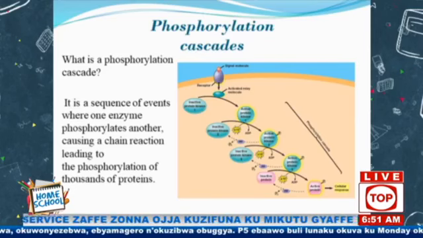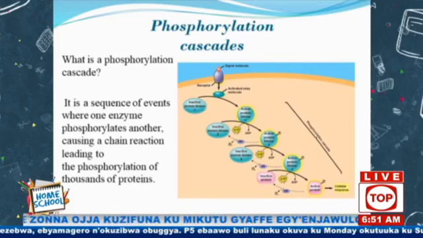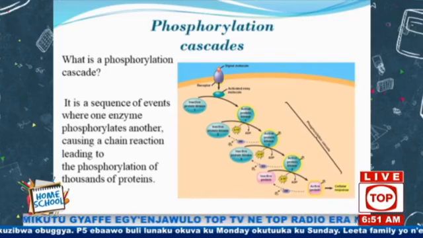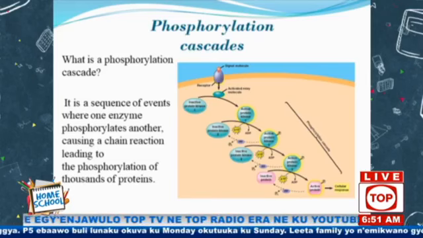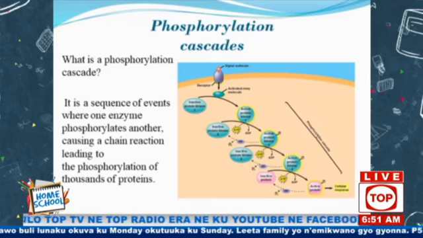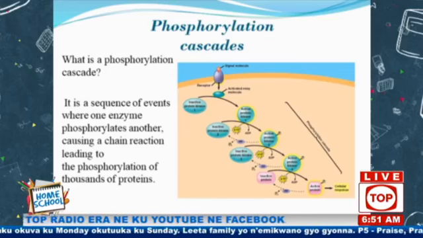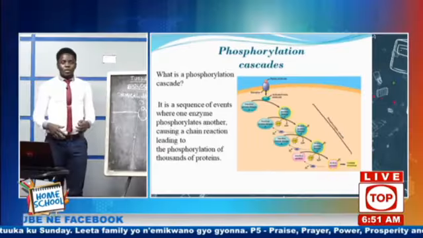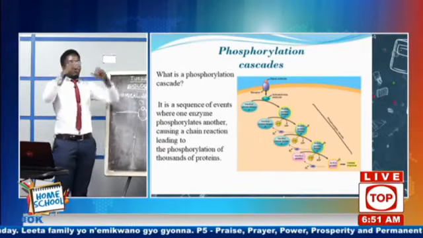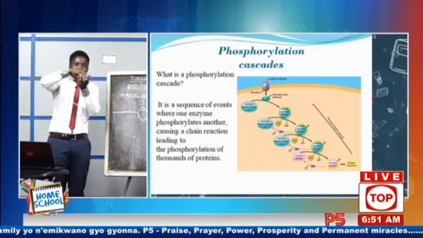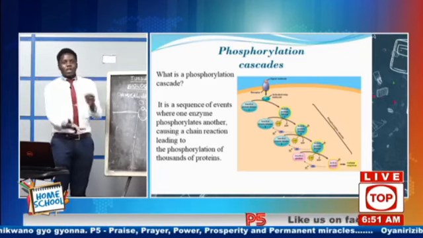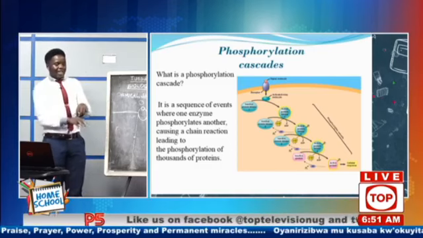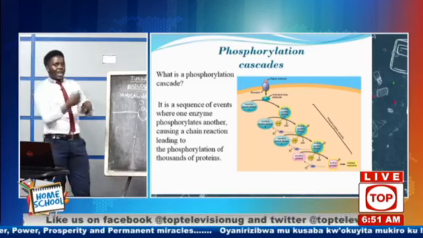That protein results in the phosphorylation of an inactive protein kinase to become an active protein kinase. The active protein kinase is then going to activate another inactive protein kinase and phosphorylate it to become an active protein kinase. Are you seeing that? The moment the signal touched the receptor, a relay molecule was released. This relay molecule phosphorylates an inactive protein kinase, making it active.